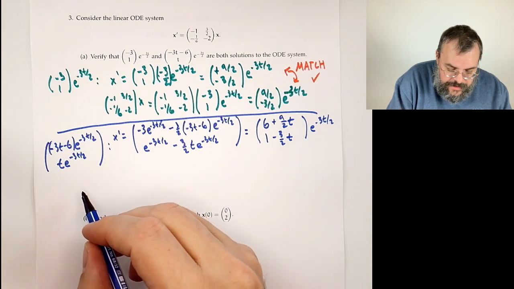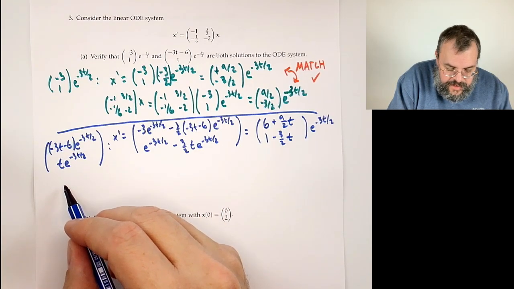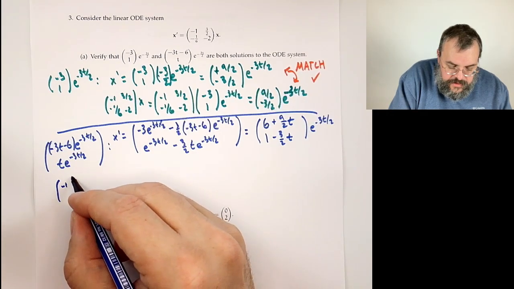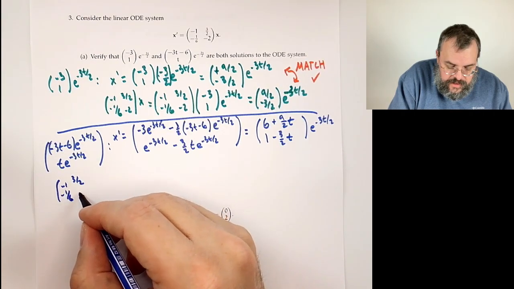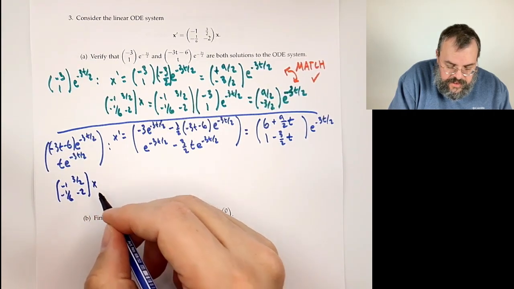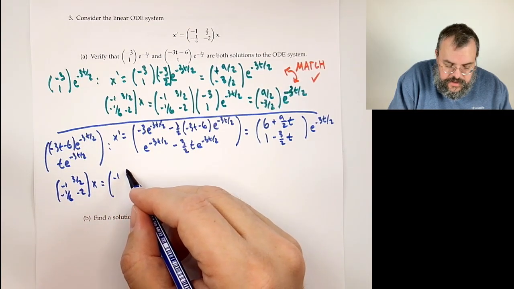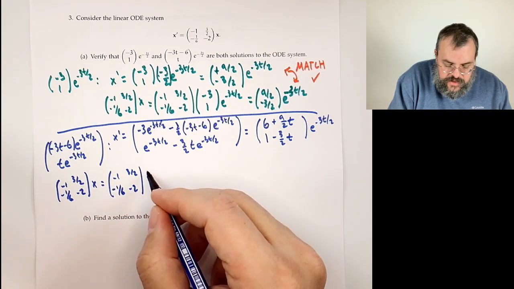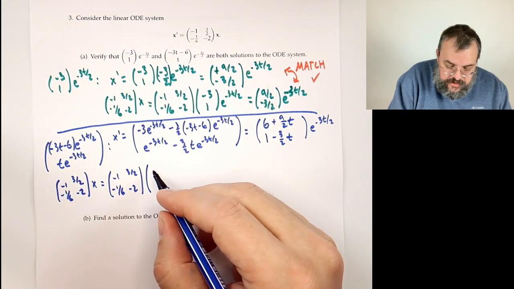Okay, so we're going to need a little bit of space for this. So we're going to take our matrix, again, -1, 3/2, -1/6, and -2, times x, which is -1, 3/2, -1/6, -2 times, and here I'll leave the e to the -3t on the outside.